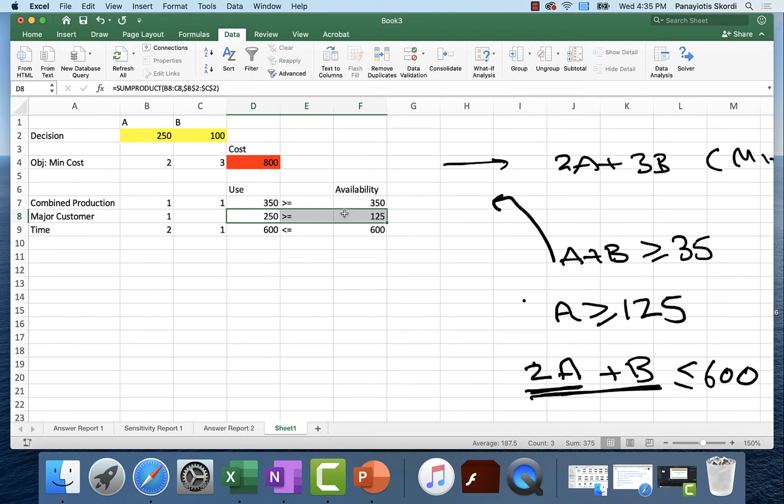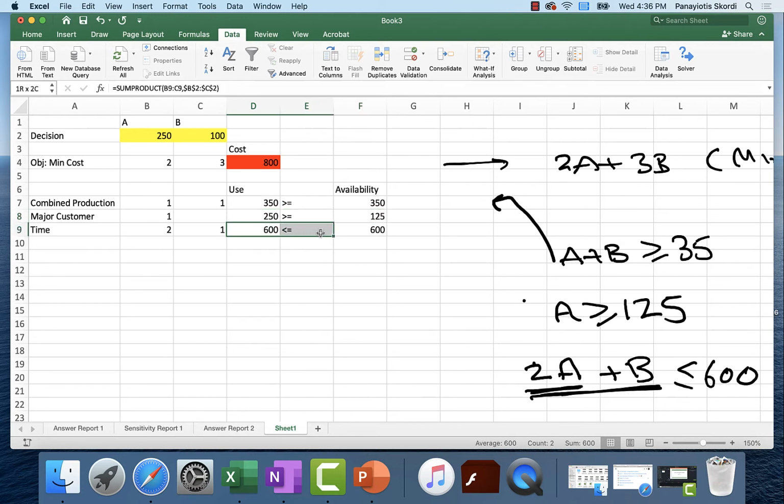So in this case, the surplus is going to be 250 minus 125, which is 125. That's what a surplus is. Surpluses are possible when you have a greater than or equal to assertion. If the use is above the minimum, then you say you have a surplus.